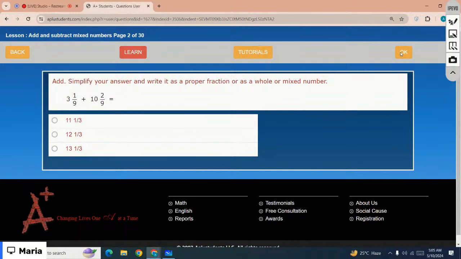You have to add the whole numbers, that is 10 plus 3, 13. Then add the fractions. Yes, you can write the fraction in the simplest form, so that is 13 whole 1 over 3. Very good.